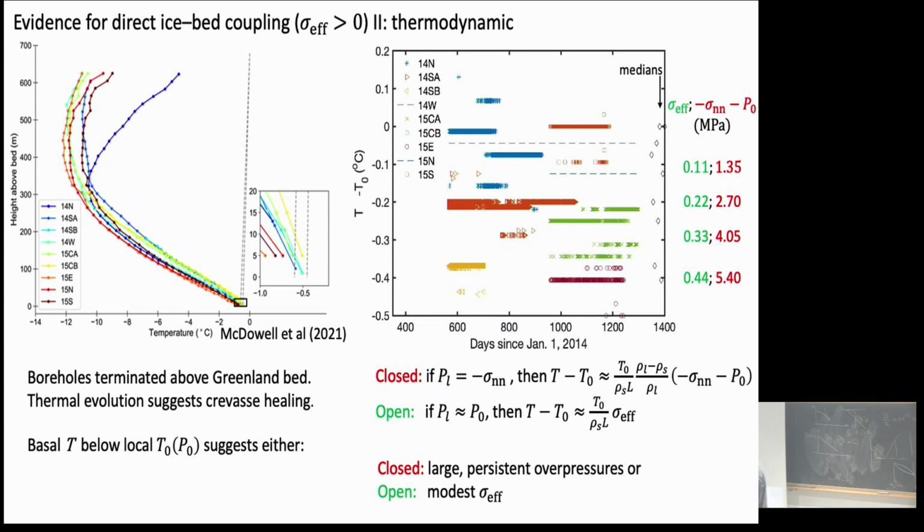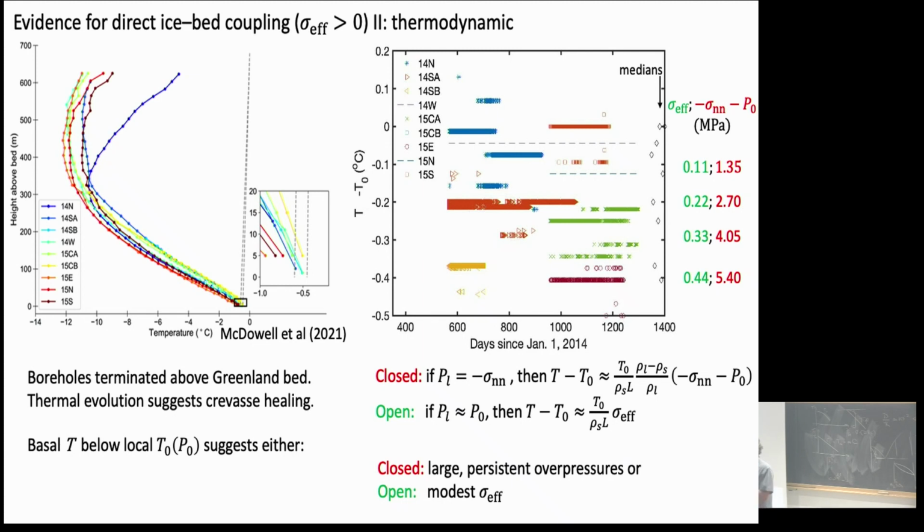And this is one snapshot in time showing those temperature profiles, but they actually collected these temperatures for a long period of time, for up to a couple of years in some cases. I mean, eventually the instrumentation breaks down and the records die. But this is a blow-up of the bottom region. And importantly, measuring temperature to the accuracy that we would like to be able to do in order to distinguish differences in pressure, or differences in pressure and normal stress that control the melting temperature, it's really hard.